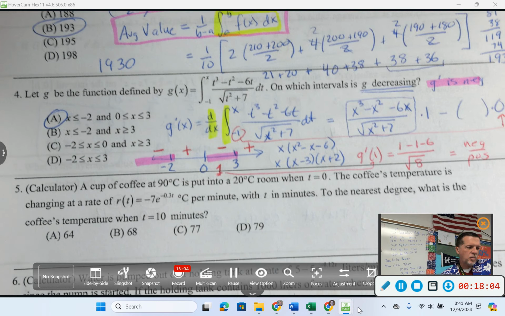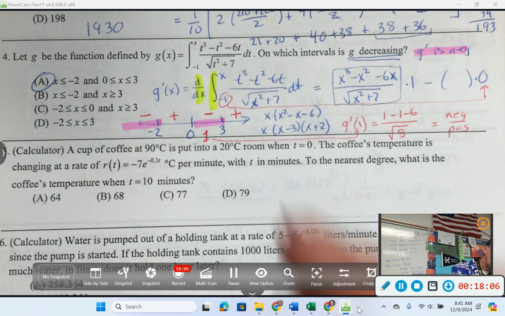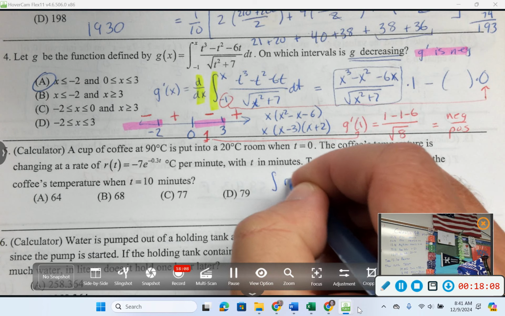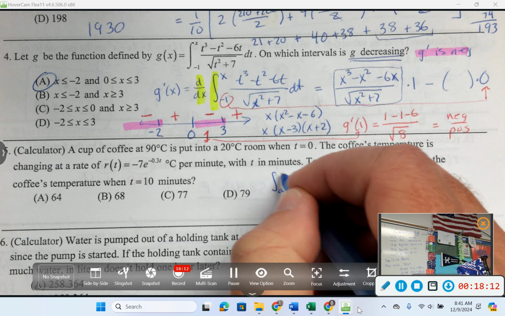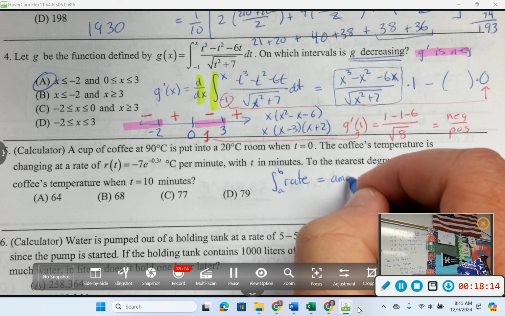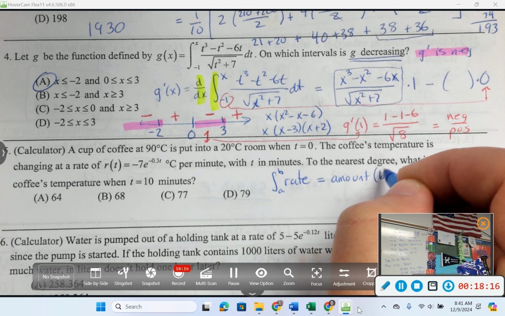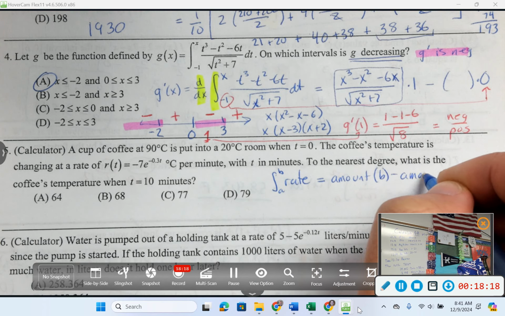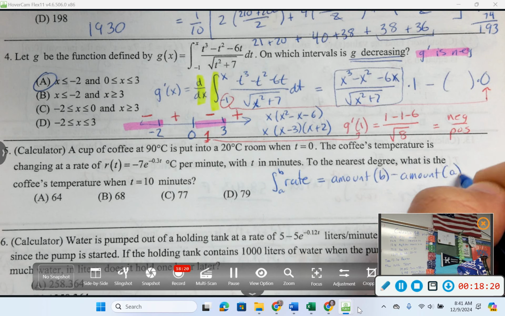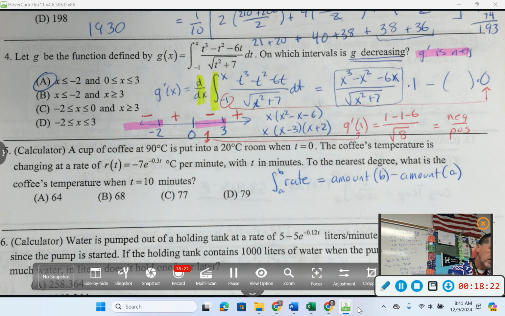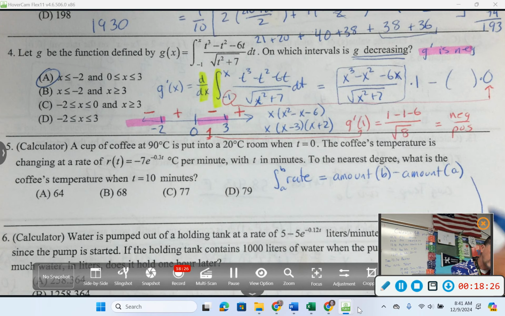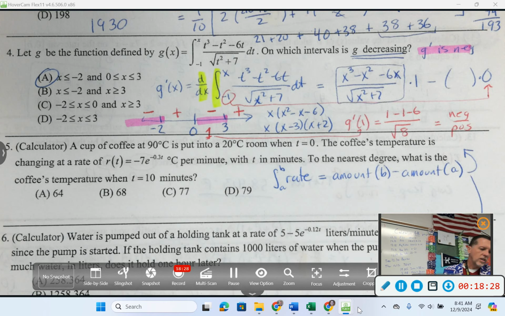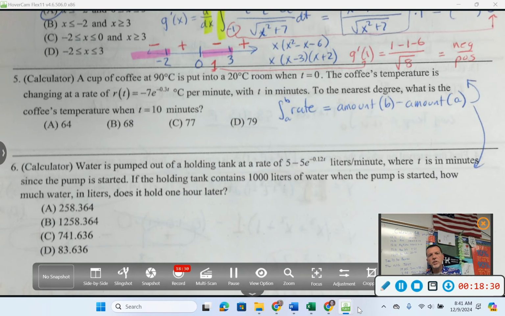Five and 6 are pretty similar. If you integrate the rate, you get the change in the amount: amount B minus amount A. So 5 and 6, that's both of those. And they're both calculators. We'll skip over that.